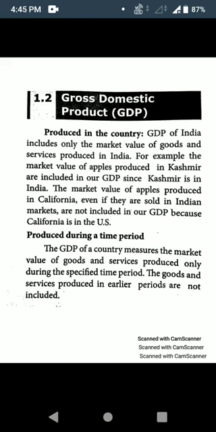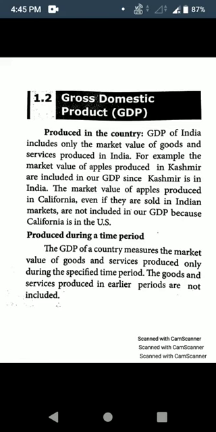Okay. Produced during a time period. How it was calculated means the GDP of a country measures the market value of goods and services produced only during the specified time period. So goods and services produced in earlier periods are not included. For example, this year 2021, isn't it?